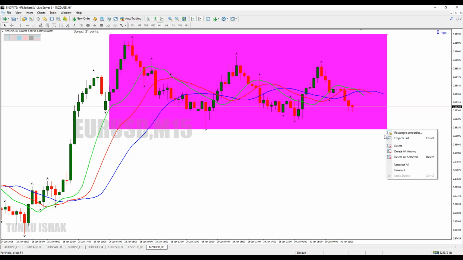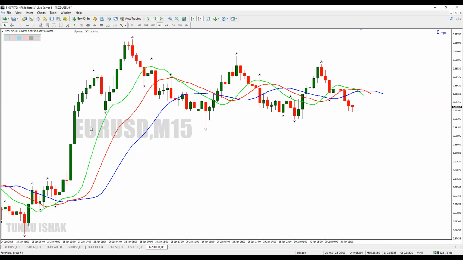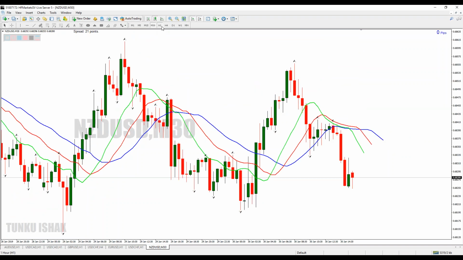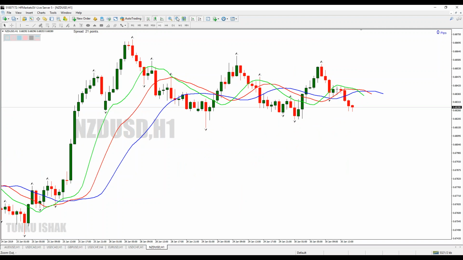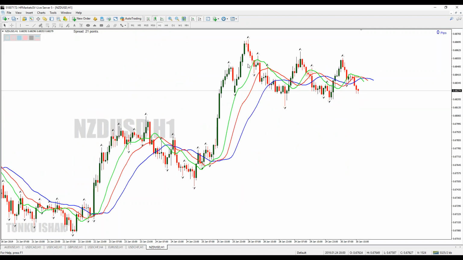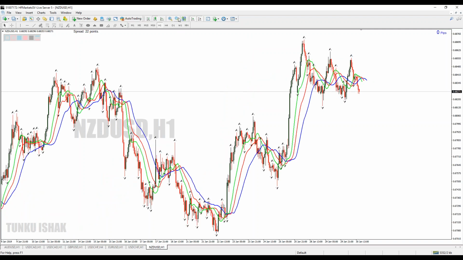And this is sideways. When you see sideways, be careful with the trade, because it is a bit choppy. One false signal, two false signals. So be careful. This is the example.